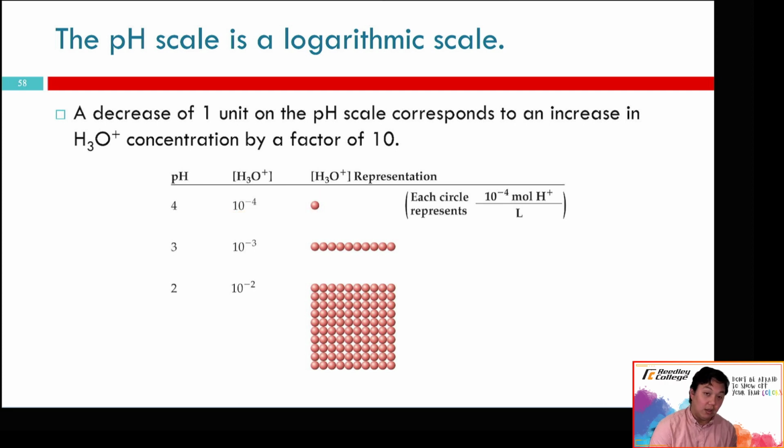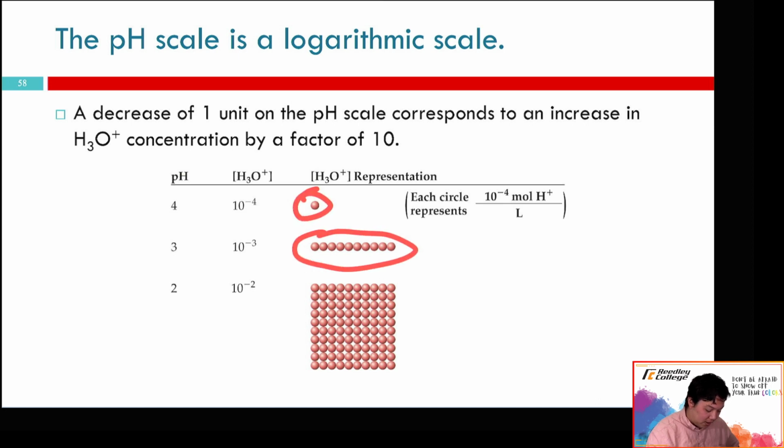But when we use a log scale, going from 4 to 3 isn't just a decrease of 1, or actually it's an increase. Because we have negative exponents, we're raising to the negative power of 10. So actually the concentration is getting bigger as our exponent gets smaller. We don't just have 1 more, we have 10 more.